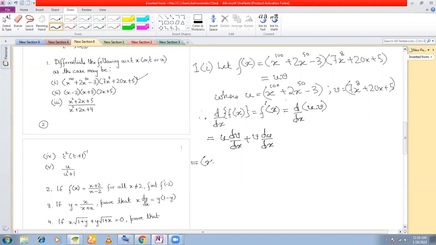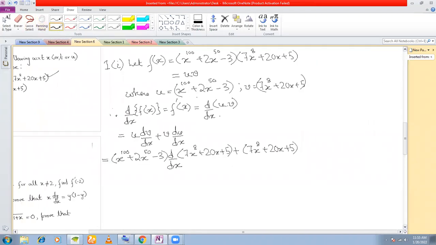The value of u is x to the power of 100 plus 2x to the power of 50 minus 3 into the d/dx of v. v here is 7x to the power of 8 plus 20x plus 5, plus, and then you have v. So you write the v as it is into the d/dx of u.